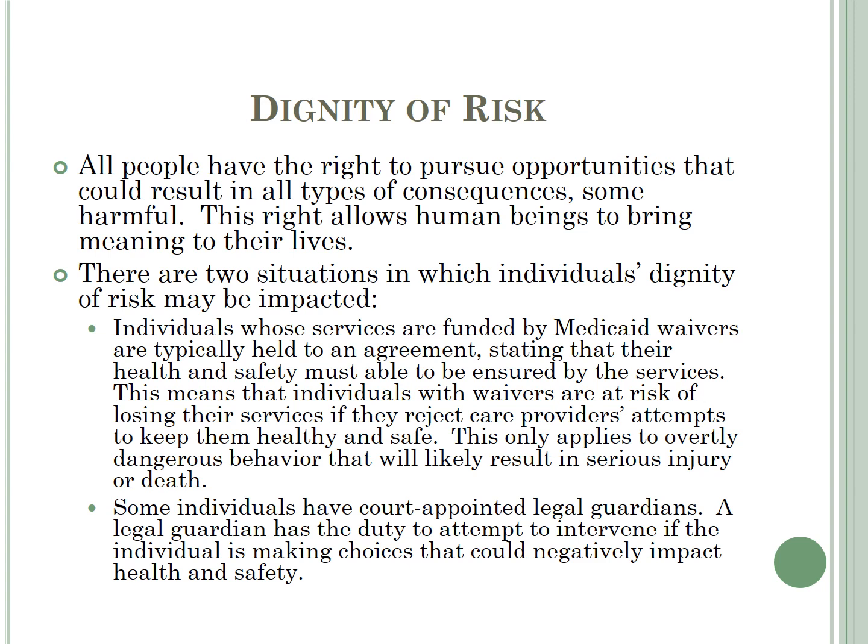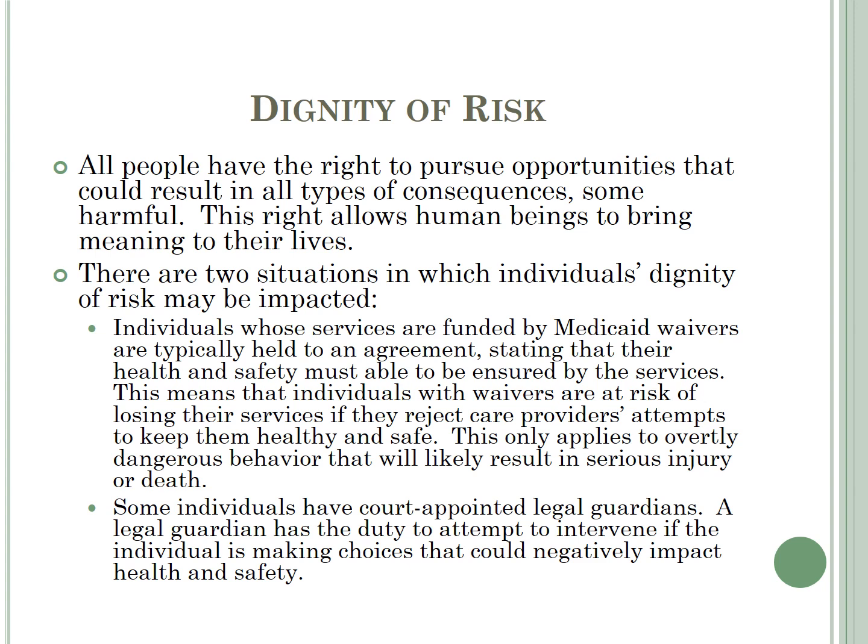However, there are two situations where people with disabilities could potentially have their self-determination impacted. The first is individuals whose services are funded by Medicaid waivers. They're held to a standard. Anyone served by a Medicaid waiver is basically agreeing to allow that provider to ensure their health and safety.